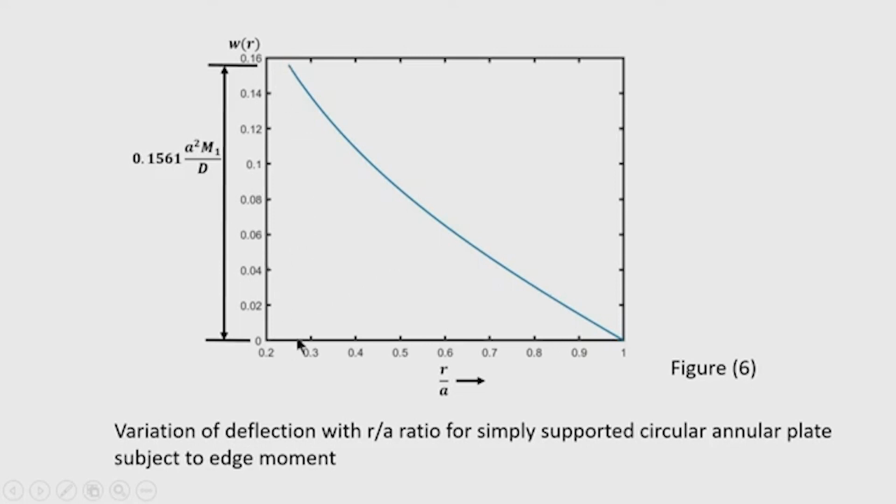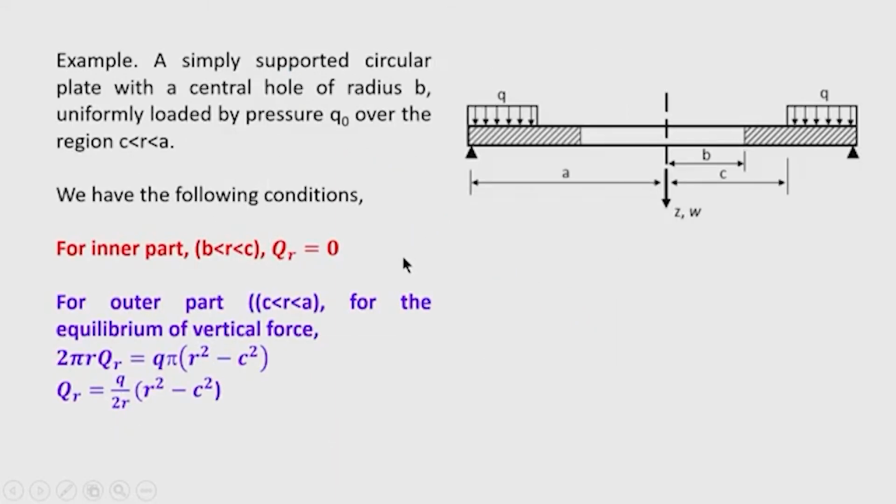So, at 0.25, because r is equal to a by 4, that is at the inner edge, because this is free, the maximum deflection is occurring here. In such a manner we can find the expression for the annular plate.